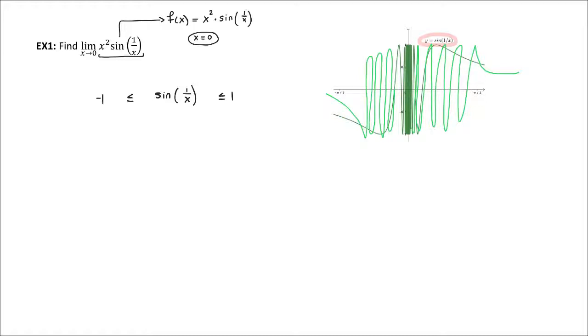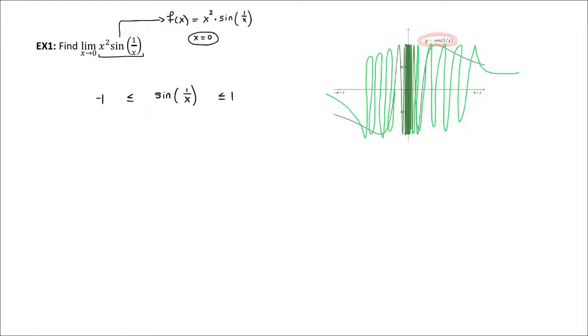Now, your function is x squared times sine of 1 over x. What I want is to have f of x here in the middle. Remember, in the squeeze theorem, f of x wants to be trapped by two outer functions. So one way to get f of x here is to multiply the middle part by x squared.